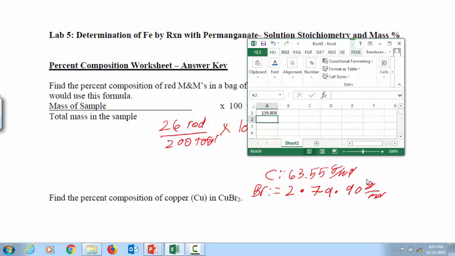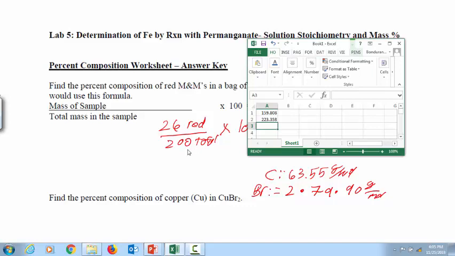And then we add that amount plus 63.55, enter, and we got 223.58.